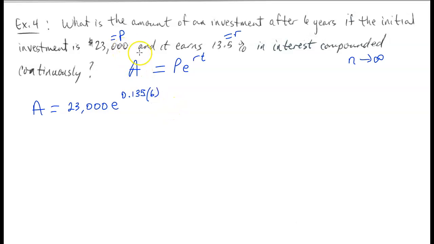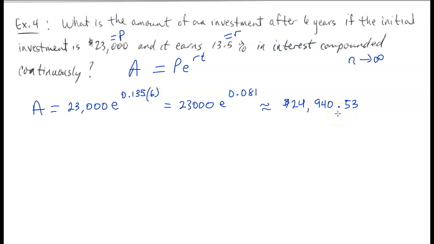If we were to tally all that up, this would be 23,000 e raised to the 0.081, and if we put that in our calculator, you should get $24,940.53.